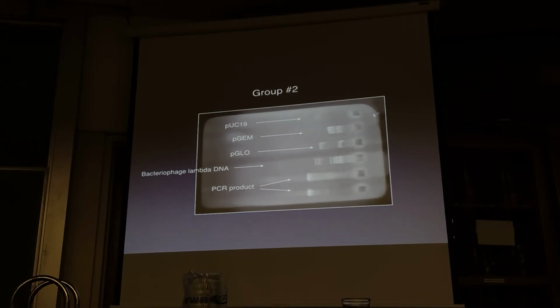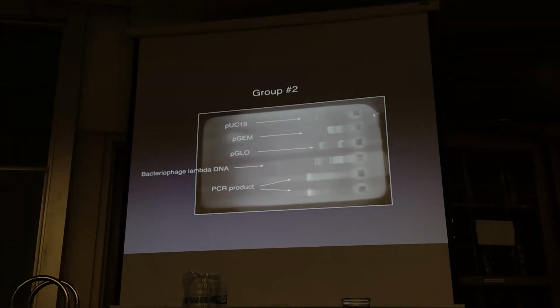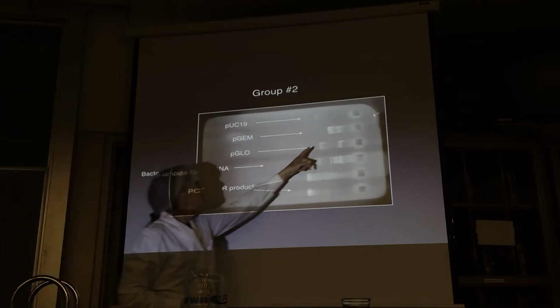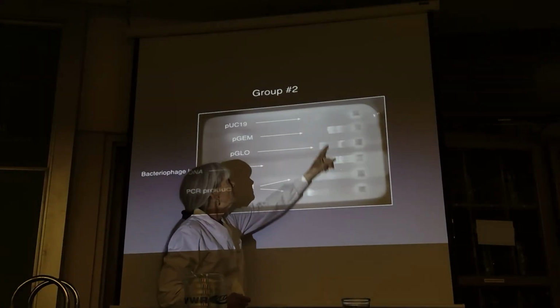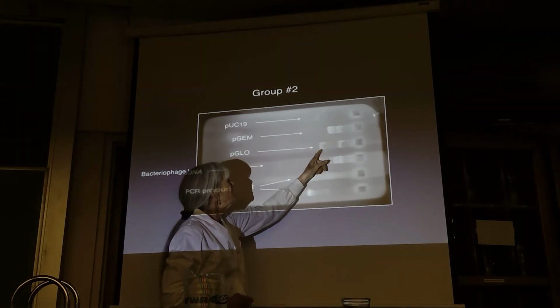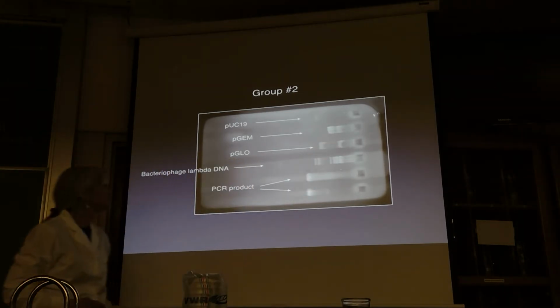I was in a hurry trying to put these on here. In actuality, lane number 1 is PUC19, but lane number 2 is P-Glow, and lane number 3 is PGEM. So those labels are switched. Do you see why? P-Glow lines up here. This is P-Glow. This is PGEM. So those are switched.